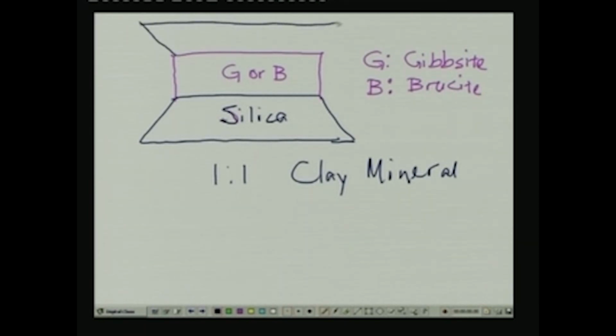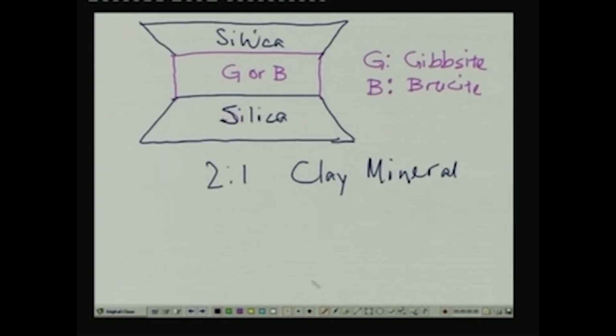Now if we have two tetrahedral sheets and one octahedral sheet, then we end up with a 2:1 clay mineral. So that tells you the structure of a grain of clay mineral.